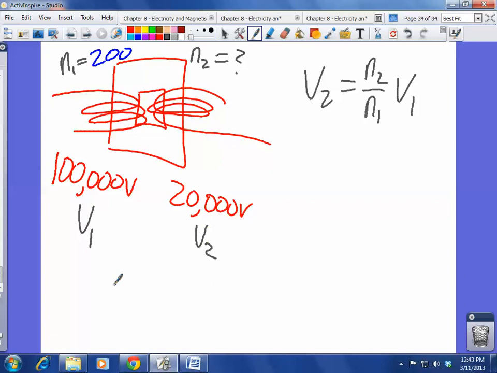But once I have those parts identified, then I can just plug it into my equation. I can say, well, V2 is 20,000. N2 I don't know, but I know N1 is 200. And I know my input voltage is 100,000.